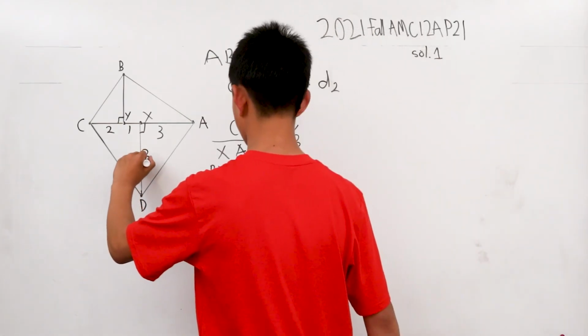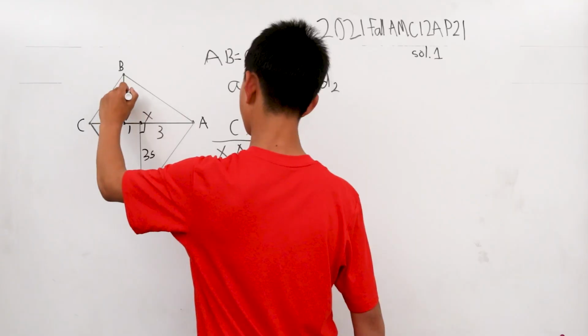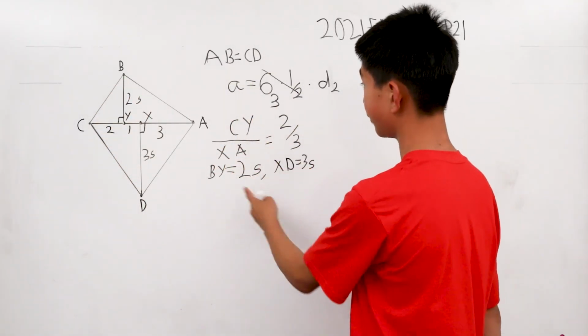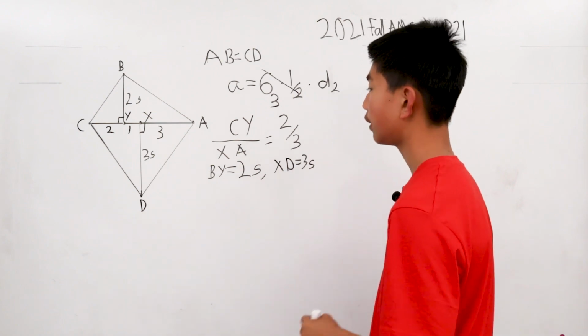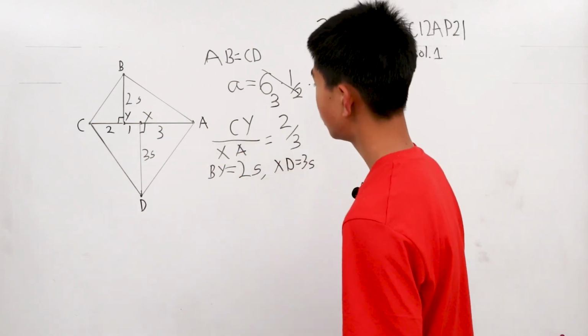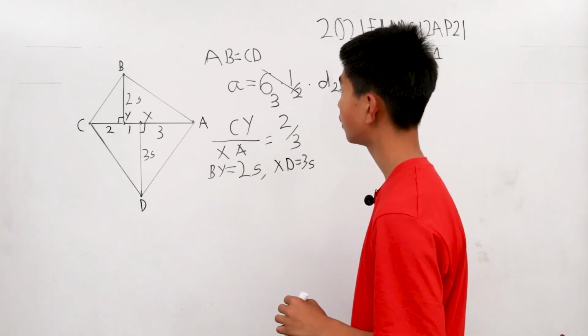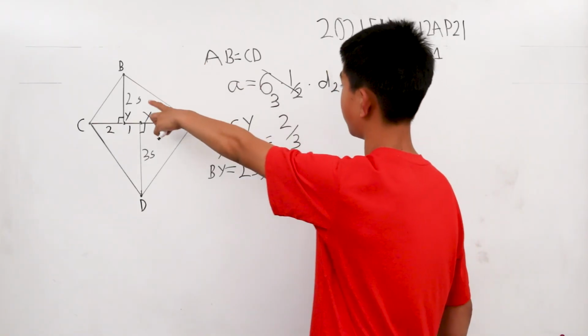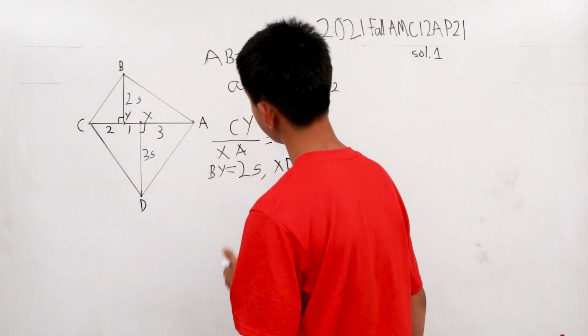So we can just write it on the board. There. So we have those values. If these two triangles are similar, we also know that length AB is equal to the length of CD.